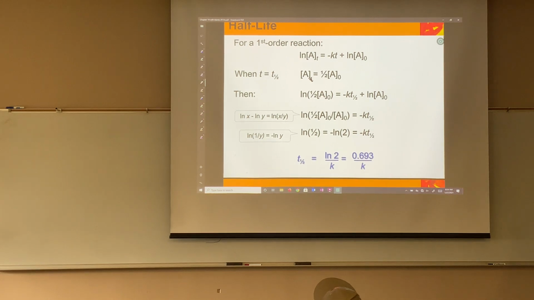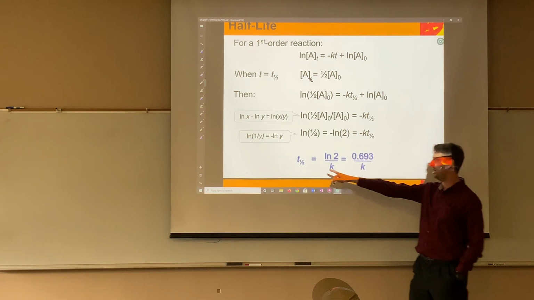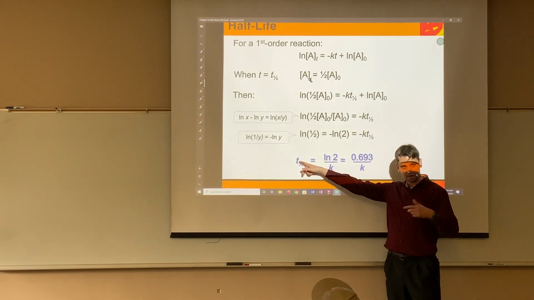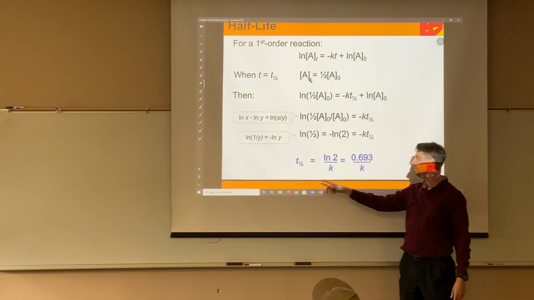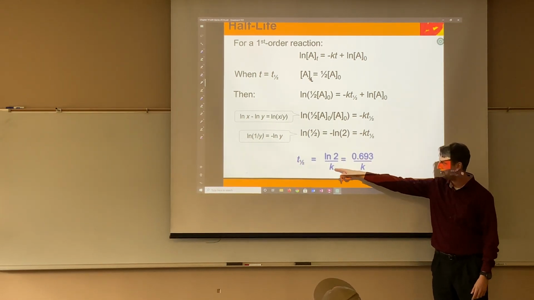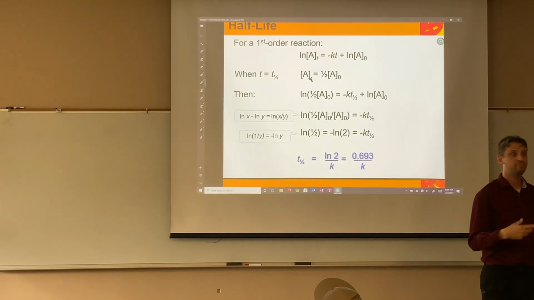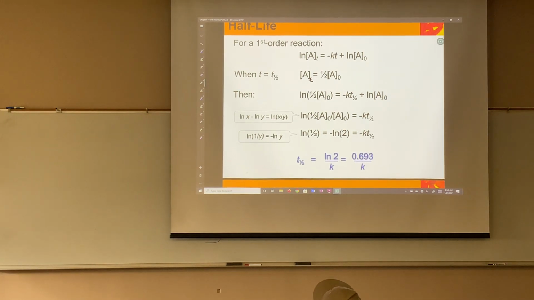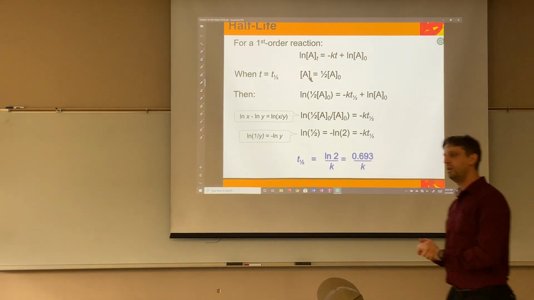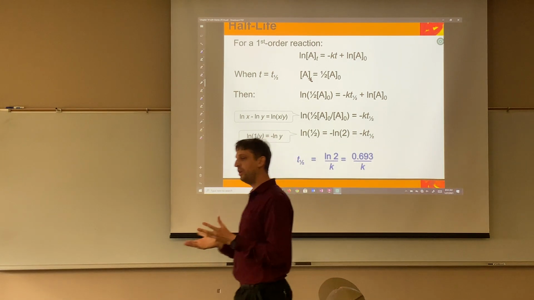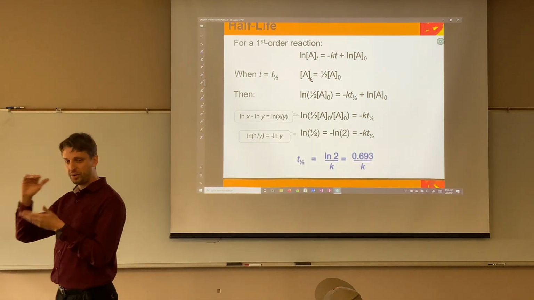So the half-life time, t 1/2, the time for something to get to half of its concentration, is equal to the natural log of 2 over the rate constant. That's all it comes down to. Does this make sense? It should, because the definition of a half-life is that it goes exactly to half.